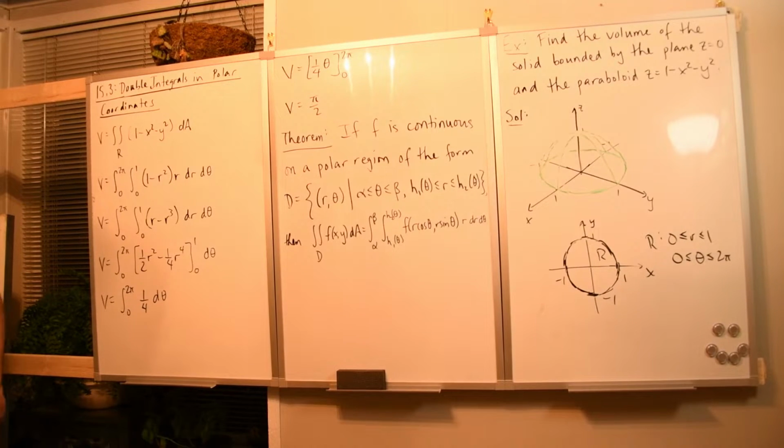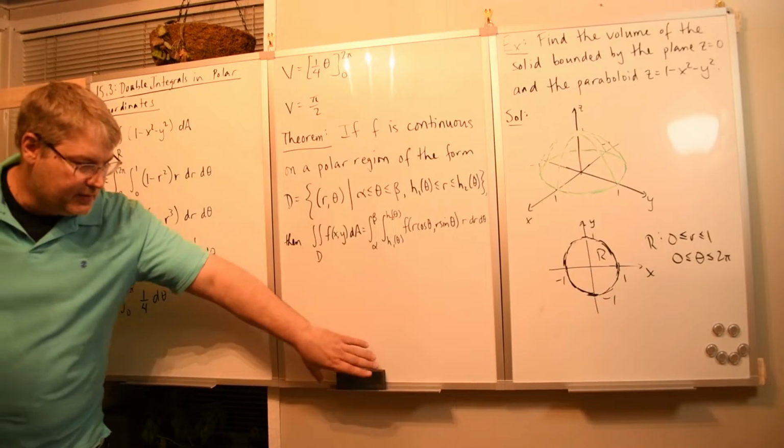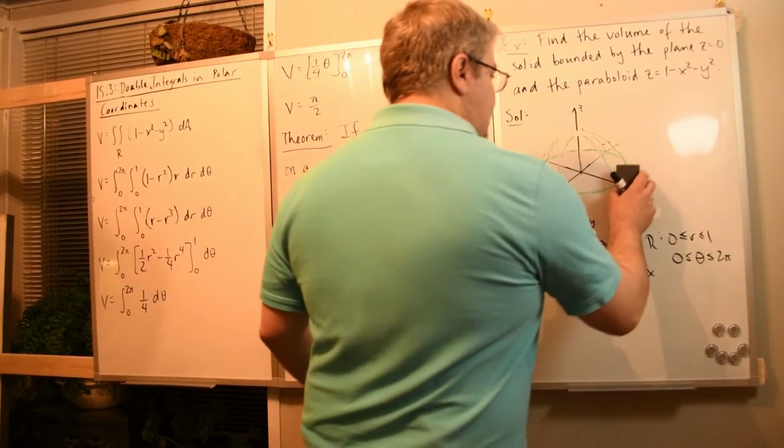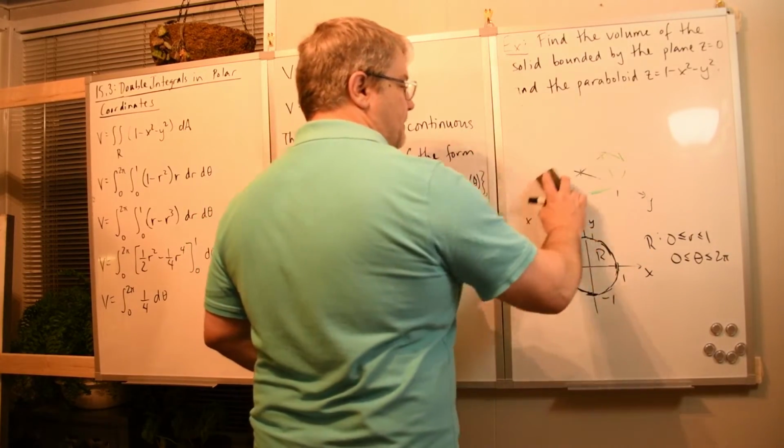So the question is, what exactly happens if we are taking a look at a double integral over one of these regions that perhaps isn't a polar rectangle? And that's what the next couple of examples are about.